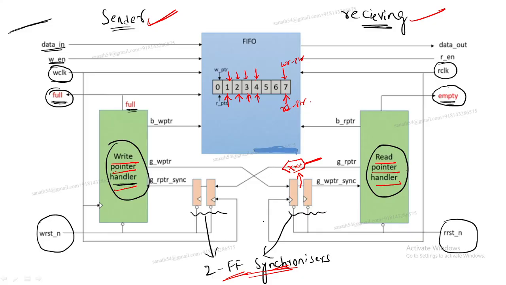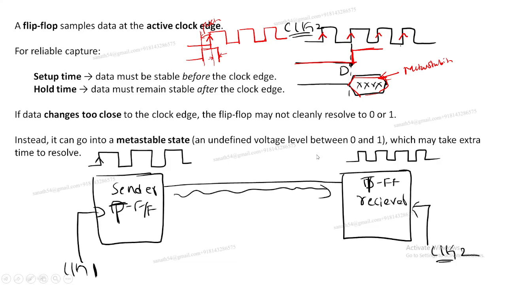We already saw the full condition: write pointer equal to read pointer, then the FIFO is full. That is the condition we already saw in the last class.